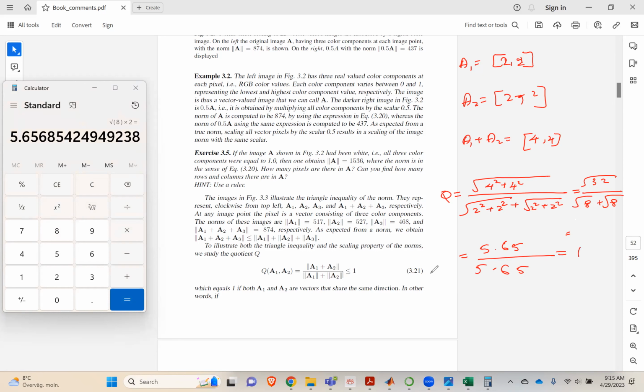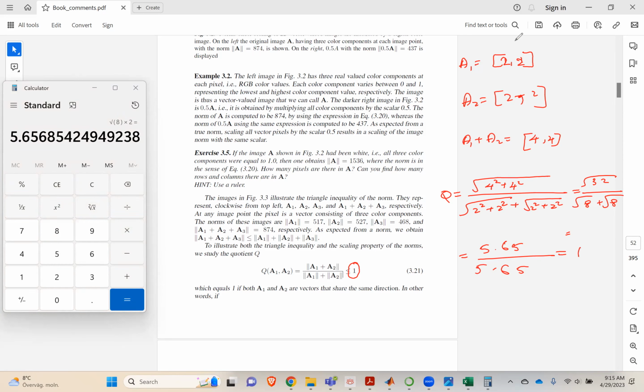So the answer is 1. This says the value should always be less than or equal to 1. If the images A1 and A2 being compared are the same, you get the value 1. If there is a minor modification, the value is always lesser than that.